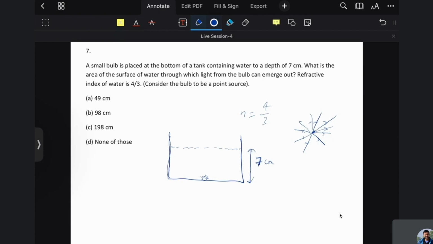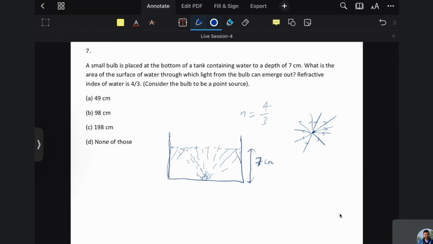So the light source will come like this from this bulb, in all directions. But all the light that is coming from this will not be visible to us, because some light will get internally reflected from the surface.